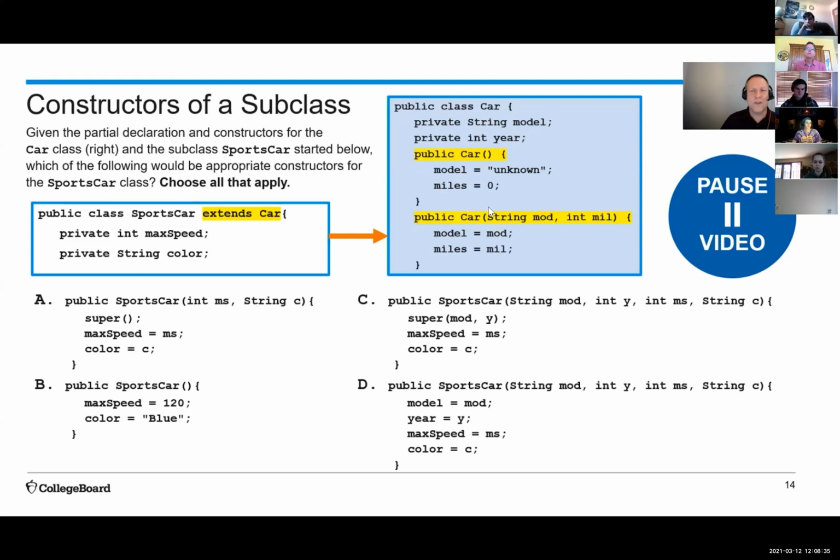Oh, that's inconsistent. It should be miles, not the year. Anyway, so then we're looking at the sports car. It extends it and it adds a color and a speed. Okay, so the question is, which of the following would be appropriate constructors for the sports car class?